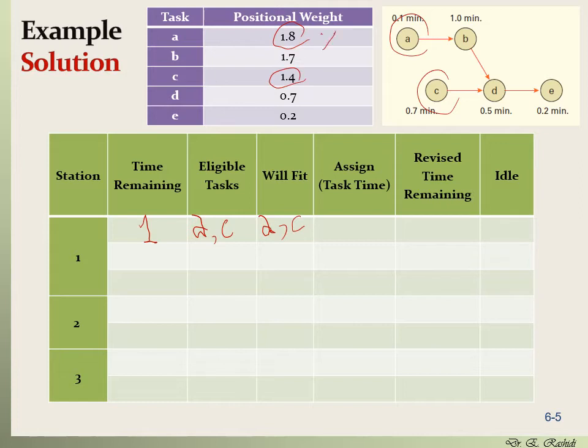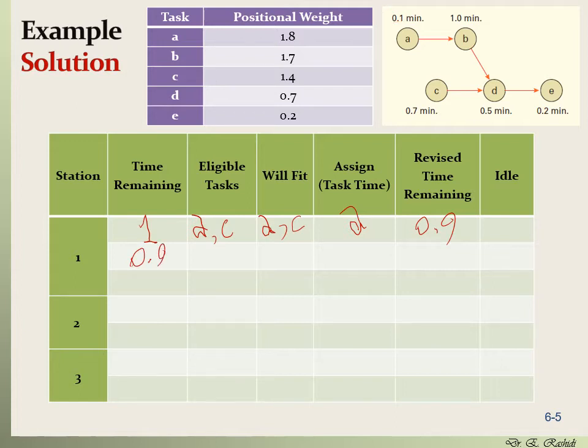So we're going to assign task A. Task A requires 0.1 minute, so we update the time: 1 minute minus 0.1 is 0.9 minutes.